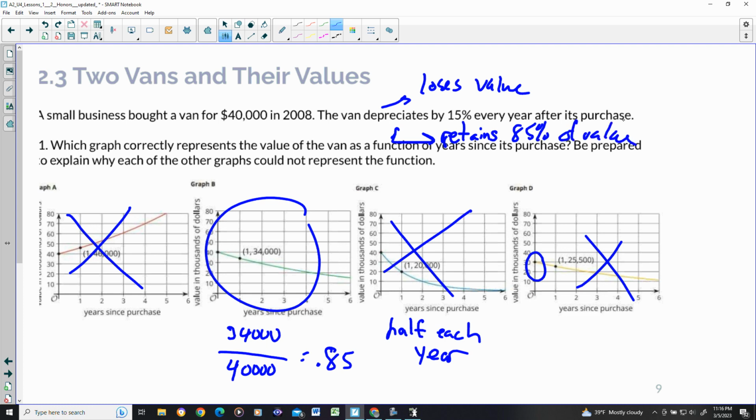So remember, and this is going to be important for what we call exponential decay problems: exponential decay functions are written from the perspective of how much is left, not how much is lost. So the 15% is not in the expression, the 85% is.